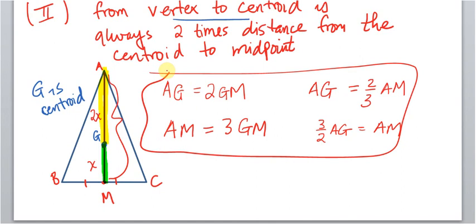And it comes down to this root equation: AG, from the vertex to the centroid, is twice the distance from the centroid to the midpoint. That was a little lengthy with vocabulary and examples, but we have to build a foundation before we go on and work on some of the trickier problems.